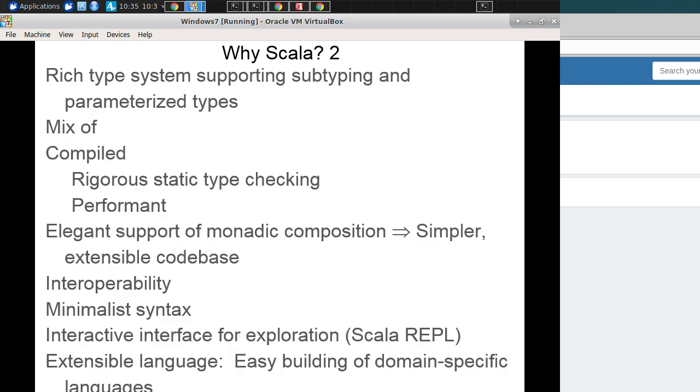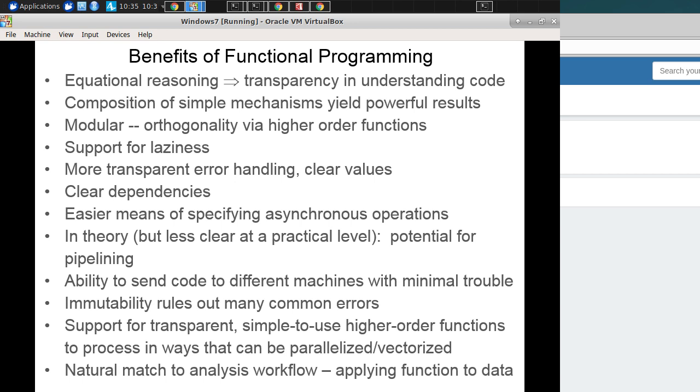Now, more than that, I noted that many of these features of Scala that we're going to be talking about inherit from this general paradigm of functional programming.